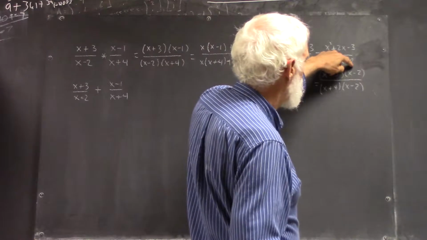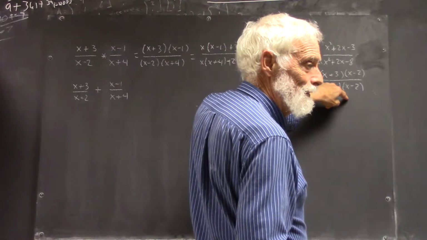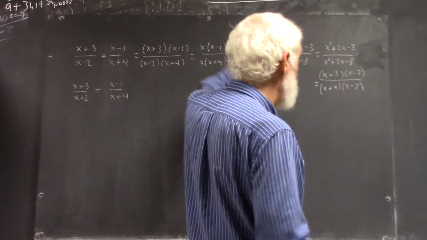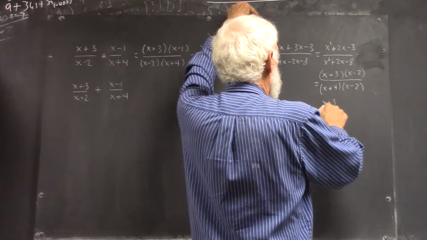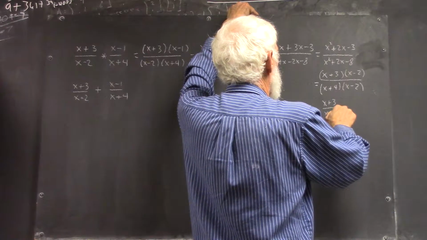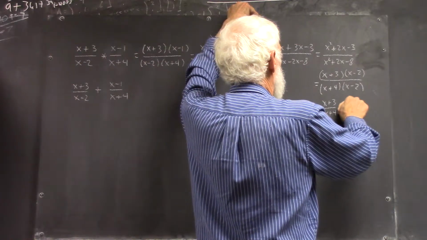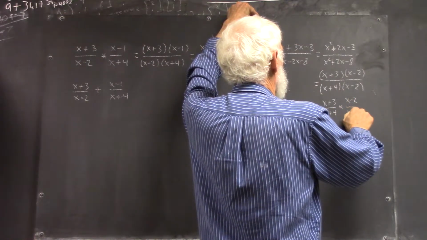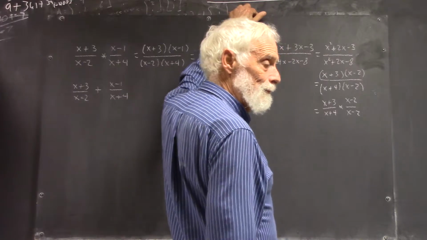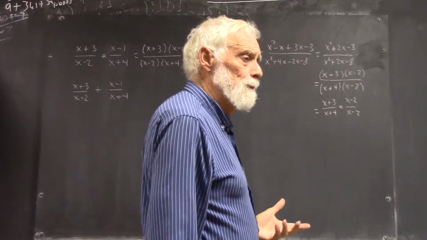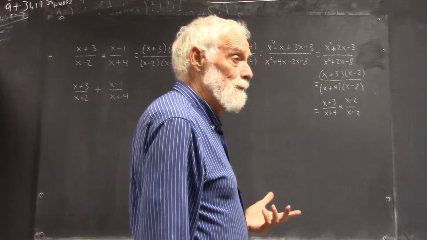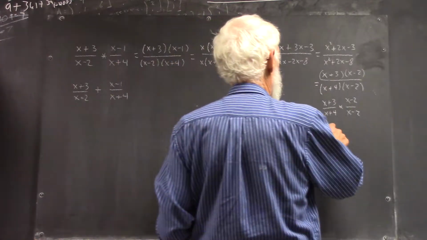And look at that, x minus 2 is a common factor. So we can say this is (x + 3) over (x + 4) multiplied by (x - 2) over (x - 2). But what's (x - 2) over (x - 2)? 1.